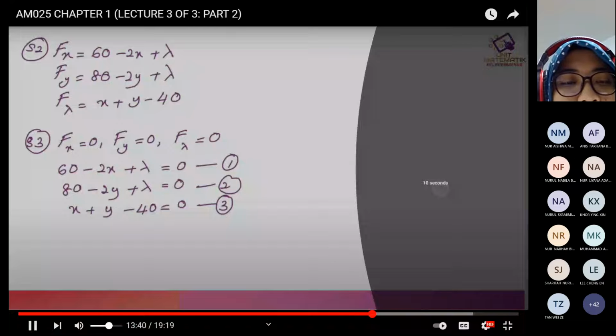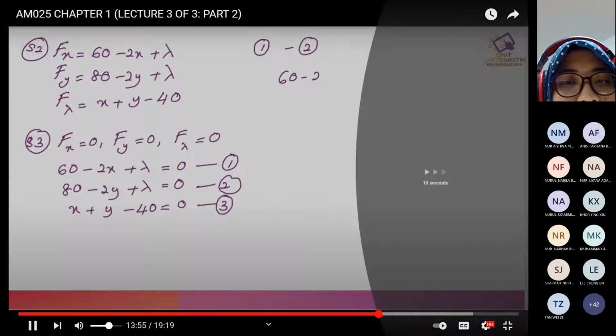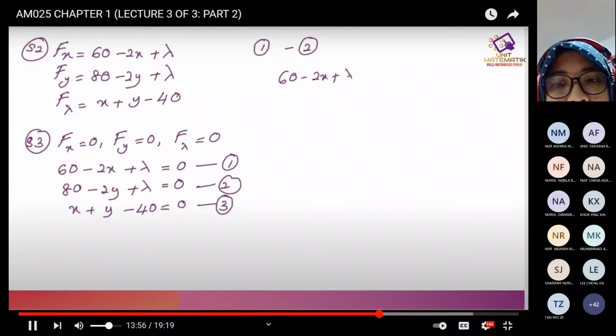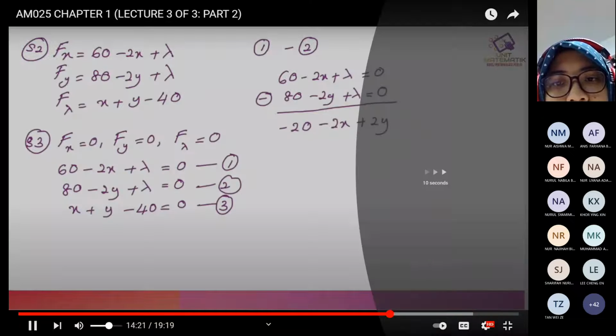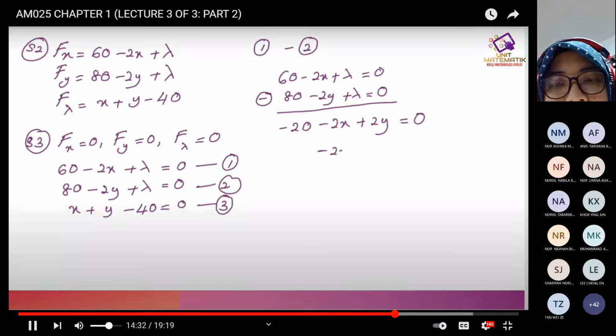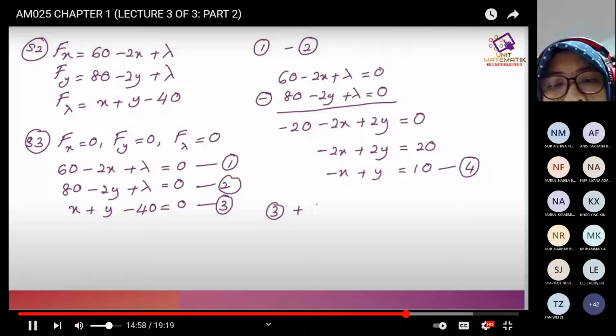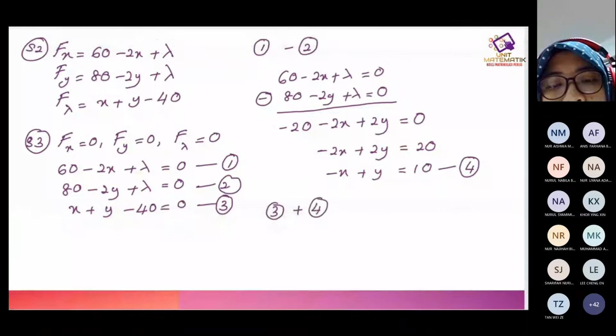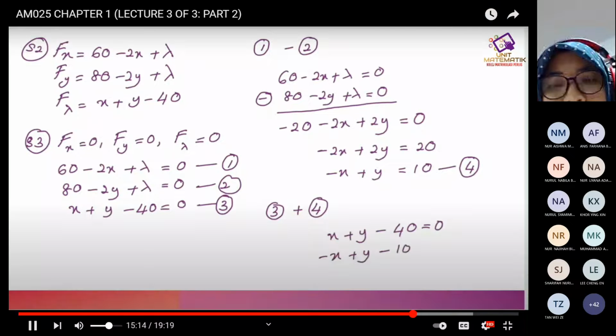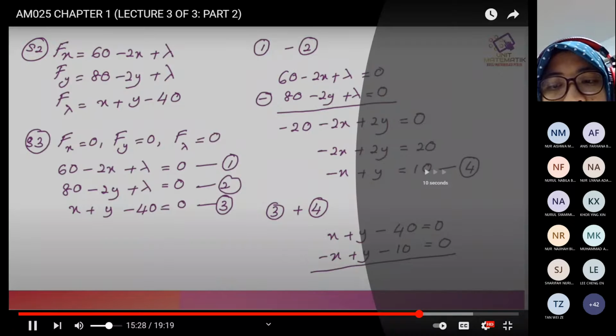We try to eliminate the lambda. 2x plus to 0. 60 minus lambda is 0. Negative 2 equal to 10. We write as equation 3 plus equation 4. Equation 3, x minus 10 equal to 0.